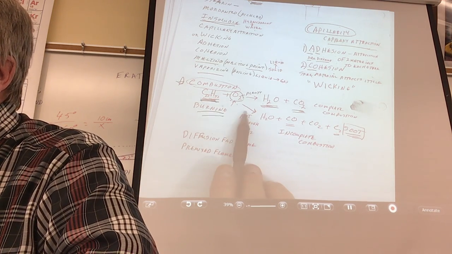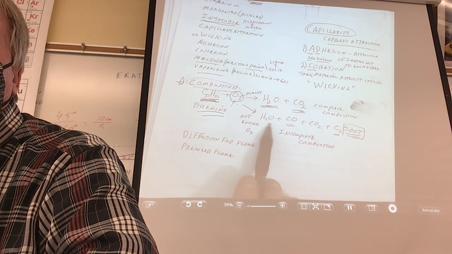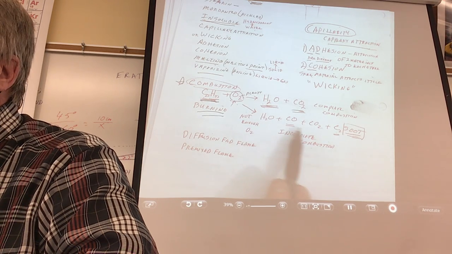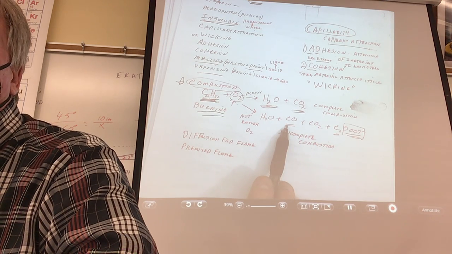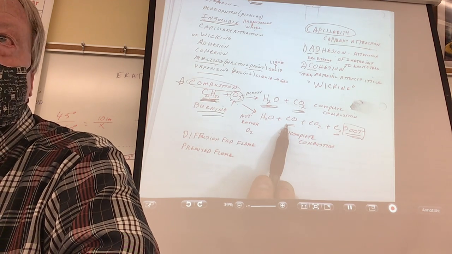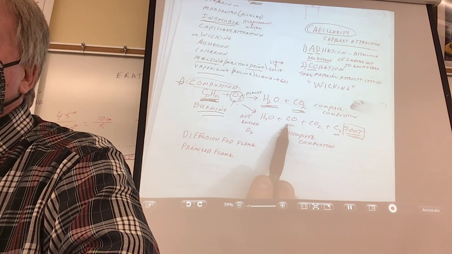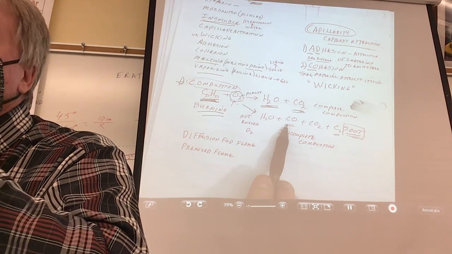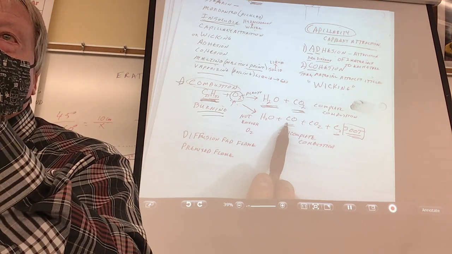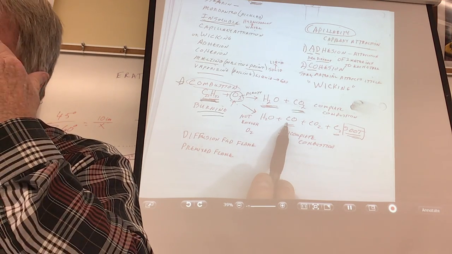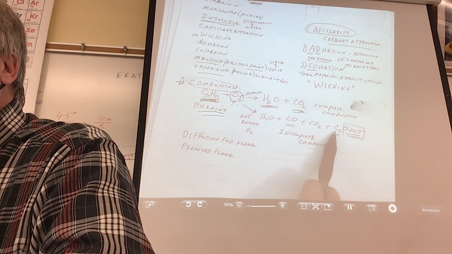If you have incomplete combustion, you'll still get some water. You'll still get carbon dioxide. But then you get this nasty stuff, carbon monoxide. That's not good. The good news is the candle only puts out a little bit, and we had airflow. That was good.